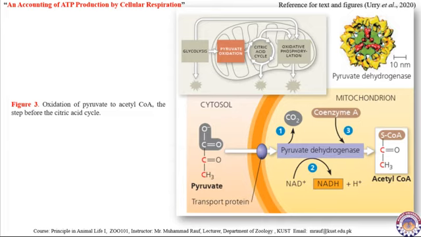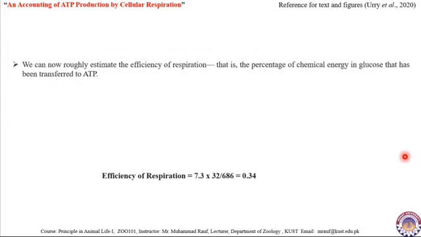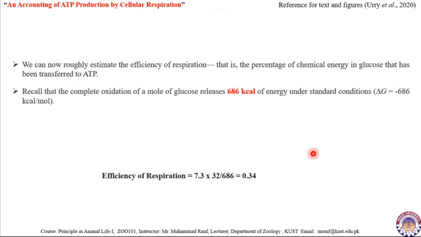Now we can roughly estimate the efficiency of respiration. How efficient is the process of respiration? Is this process efficient enough to derive all the energy which is stored in glucose molecules?